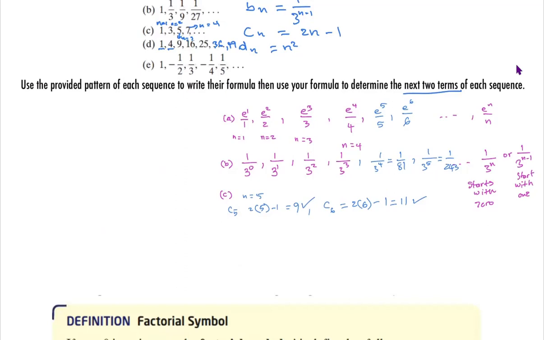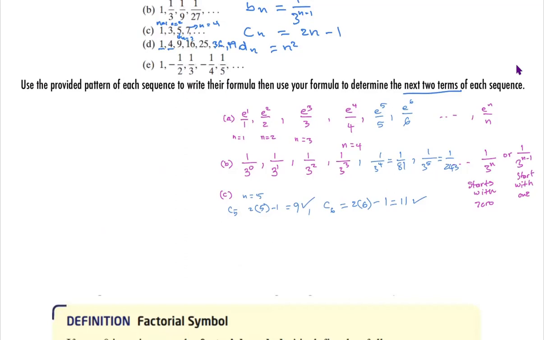But the first thing that you need to realize is that it alternates the sign. So you're going to need a -1 exponent. The signs alternate, right? Start with plus, then minus, then plus, then minus. So for the odd terms, starting at 1, the even terms are negative and the odd ones are positive.